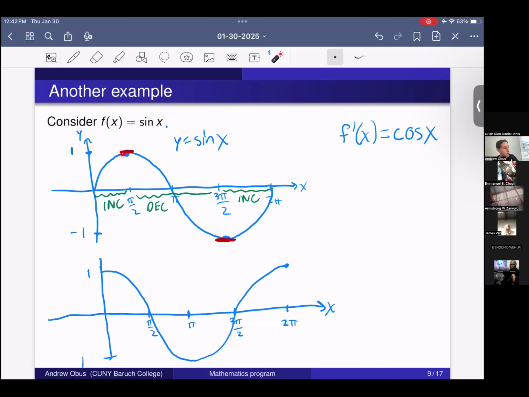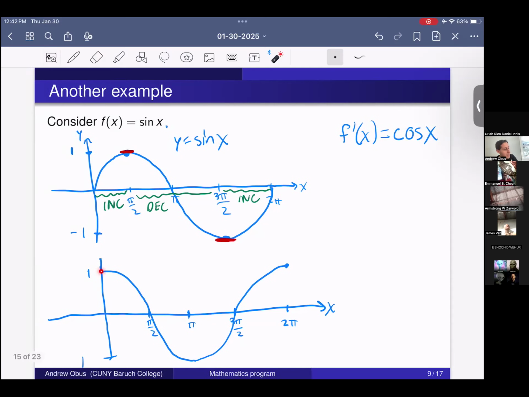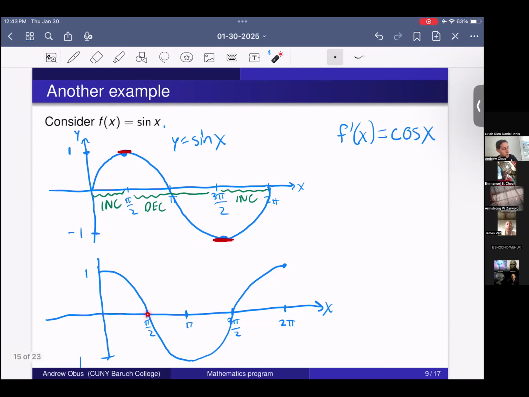So sine of x is increasing, which means its derivative is positive. The derivative itself is decreasing, but it's still positive everywhere here. So cosine of x is positive, that means sine of x is increasing. Now between pi over 2 and 3 pi over 2, sine of x is decreasing that entire way, so its derivative should be negative. And look, it is. The derivative, cosine of x, is negative between pi over 2 and 3 pi over 2.